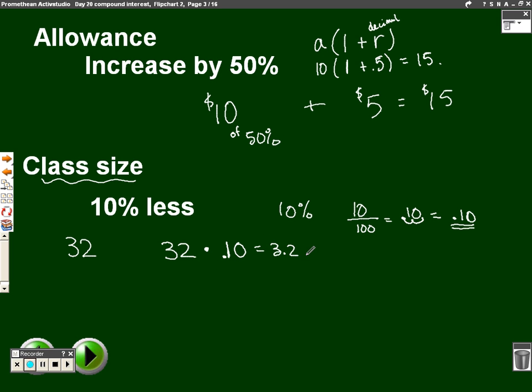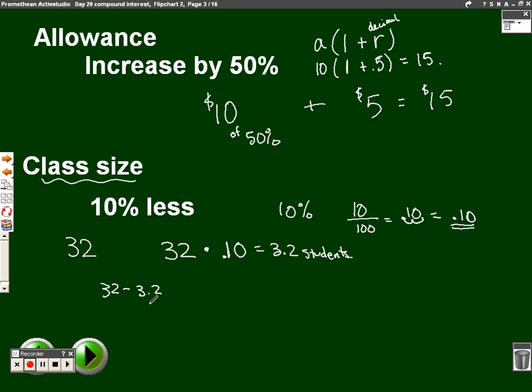So 3.2 students less. So I can take away that 3.2. 32 minus 3.2. So how am I gonna get rid of 0.2 of a student? That means that one student gets an arm and a leg chopped off, and then I have less students. No, not really. We can't really get rid of 0.2 of a student.